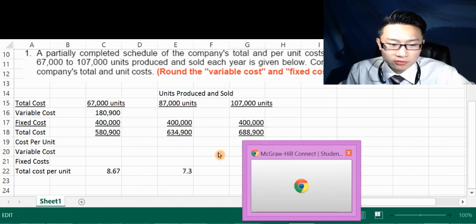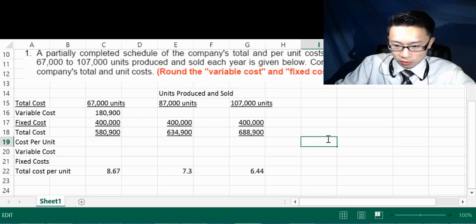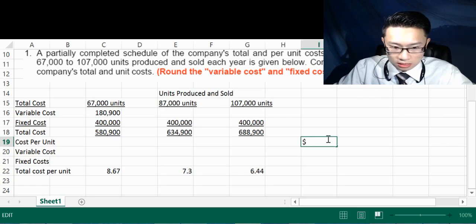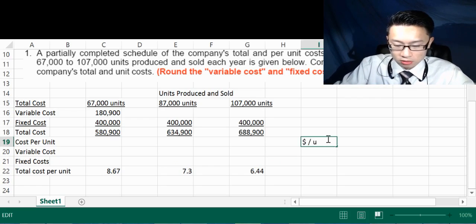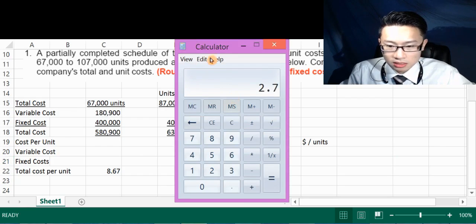So now we need to find the cost per unit, the variable cost per unit and the fixed cost per unit. Here's a very simple formula, which is just cost divided by units. In our example, we're going to use 180,900 divided by 67,000 units. I'm just going to get my calculator out. 180,900 divided by 67,000 is just going to give us 2.7.